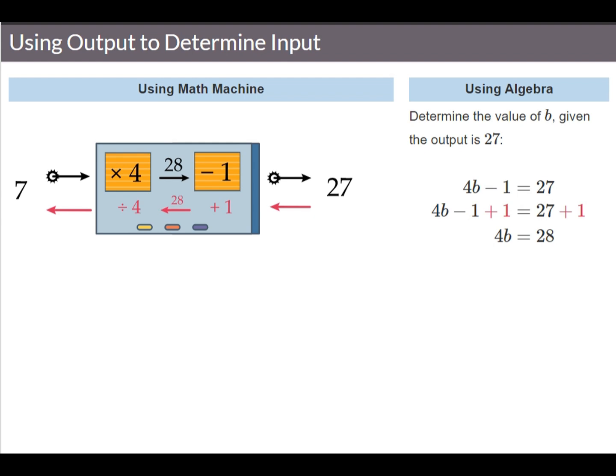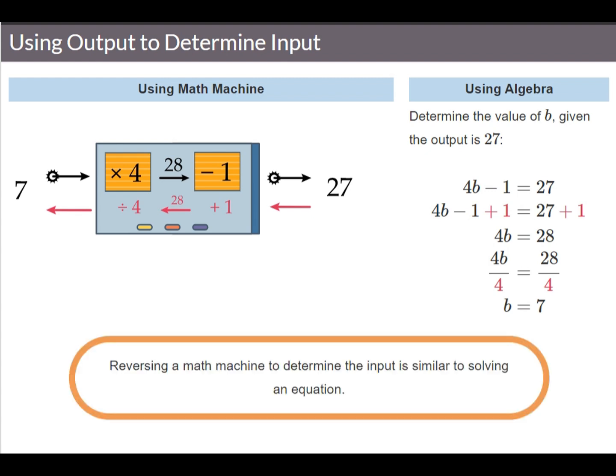To solve for b, now we just have to divide both sides of the equation by 4. We get that 4b divided by 4 equals 28 divided by 4, which simplifies to b equals 7. Again, it can be very helpful to recognize that reversing a math machine to determine the input is similar to solving an equation.